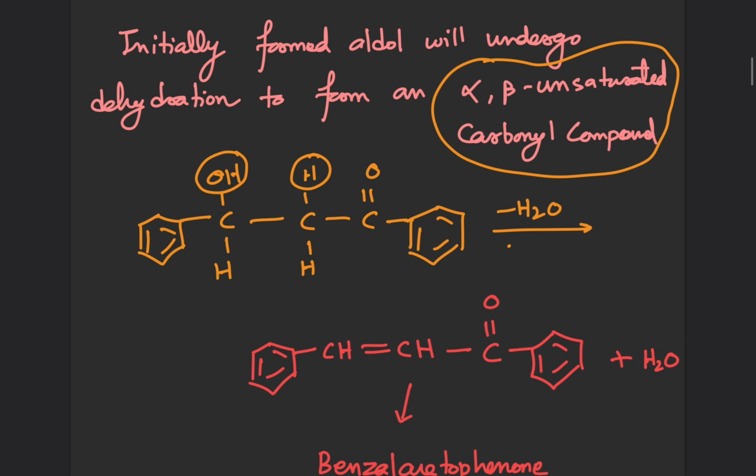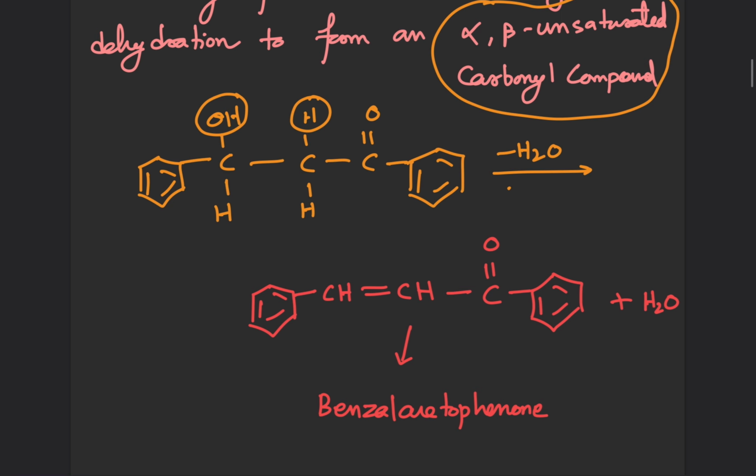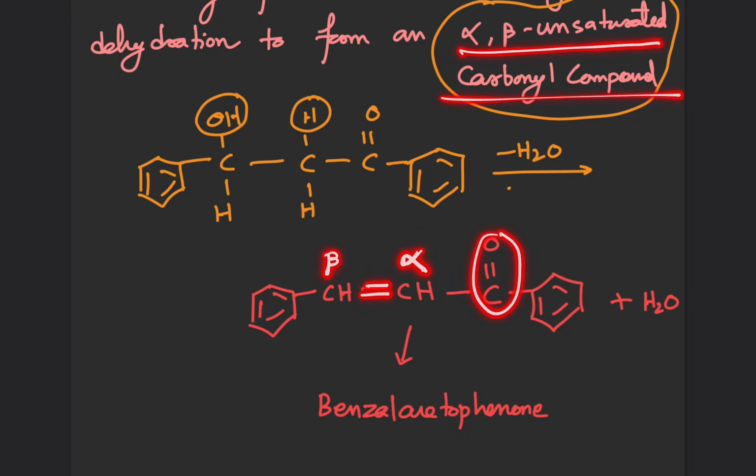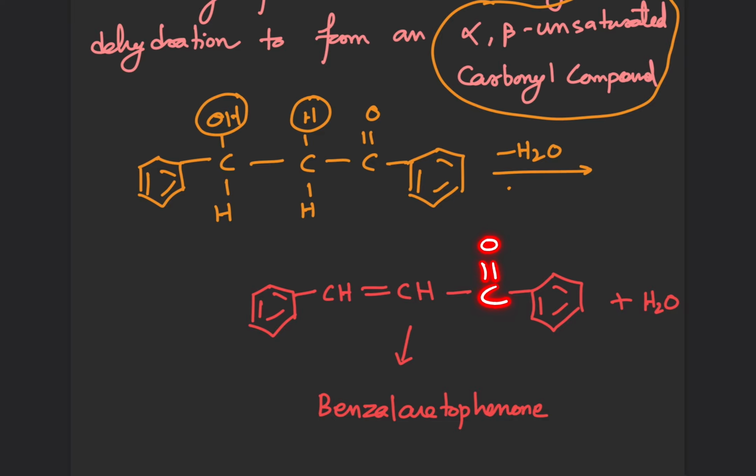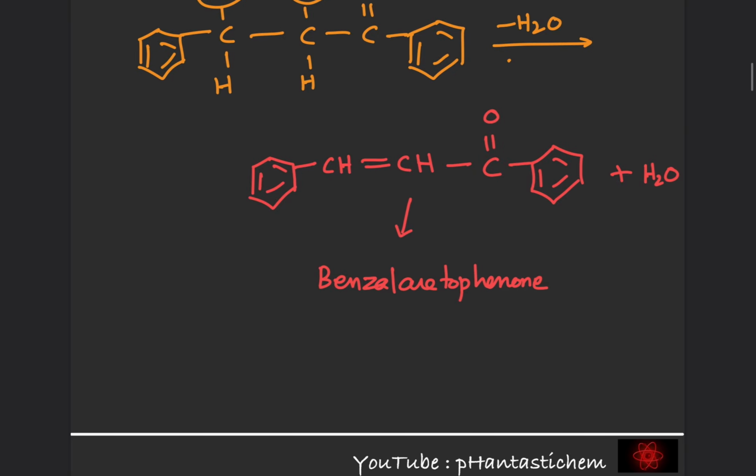Okay, so now you can understand why this is alpha beta unsaturated, because this is the functional group, alpha carbon, beta carbon, so there is a double bond between alpha and beta, therefore alpha beta unsaturated, and carbonyl because you can see there is a C double bond O group. Okay, cool.